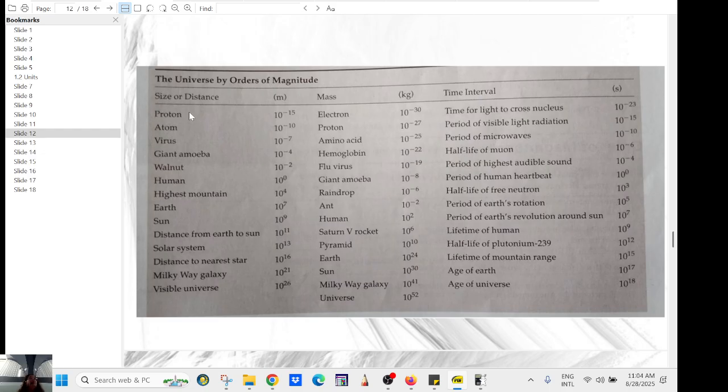The proton is the nucleus. So between 10 to the negative 15 and 10 to the negative 10, what's the factor? How do you go from one to the other one? You multiply by 100,000, right? Okay, 15 minus 10 is 5, so 100,000.